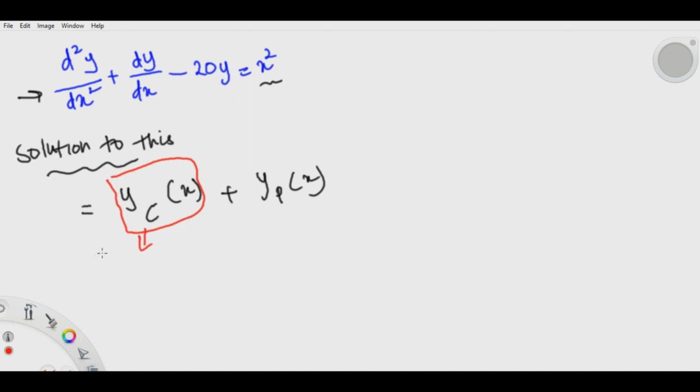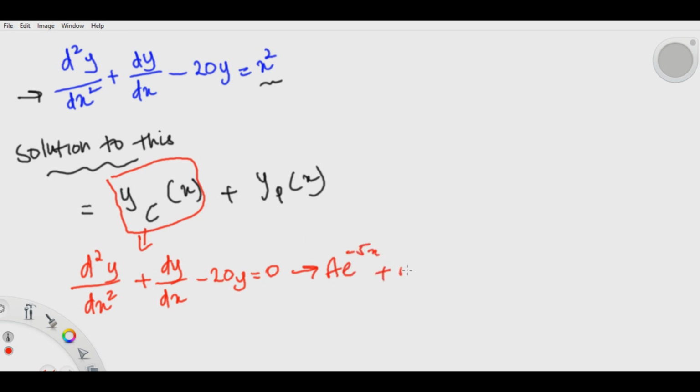What you do here is you take the equation as a homogeneous equation, so as if it equals 0, and you solve it. And we solved it to be a e to the minus 5x plus b e to the 4x, I suppose it was.